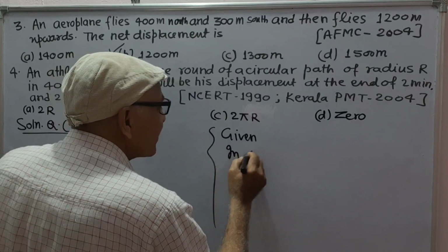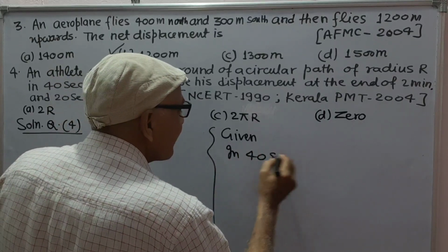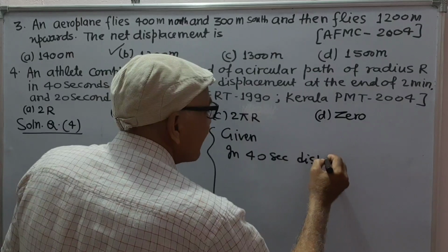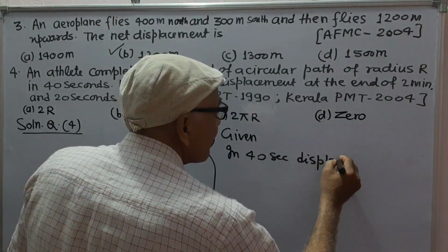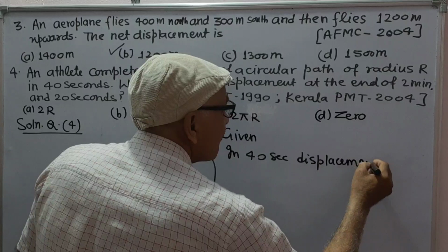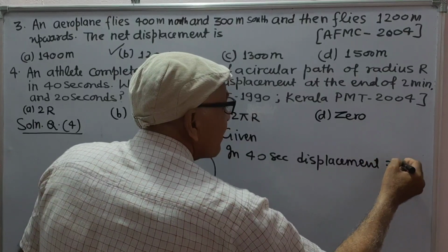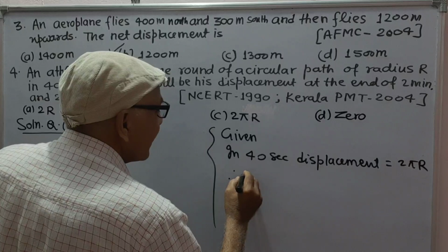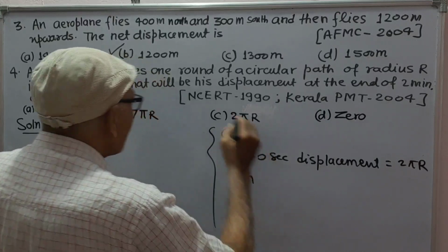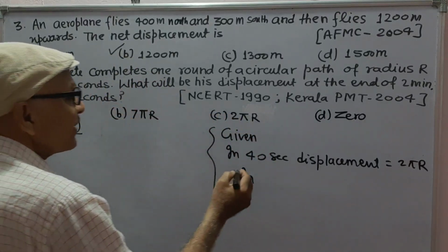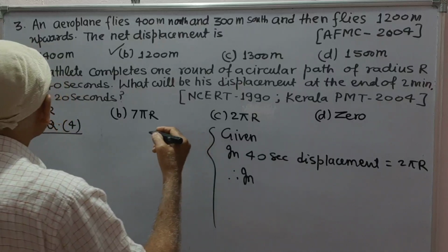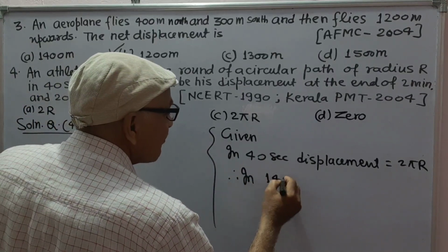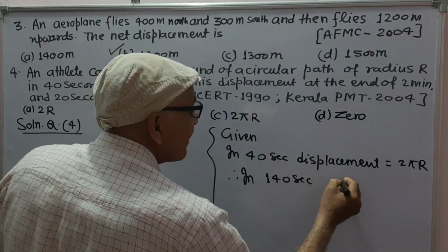in 40 seconds, displacement is 2 pi r. Therefore, in 2 minutes and 20 seconds means 2 into 60 plus 20, 140 seconds.